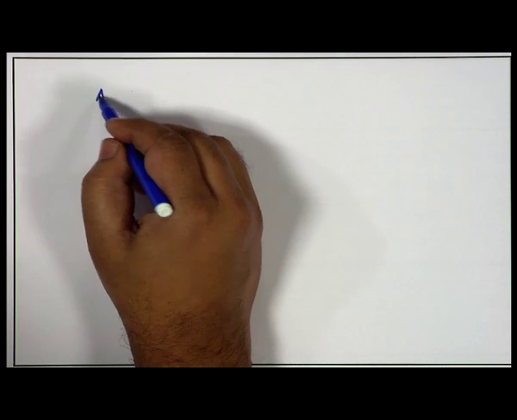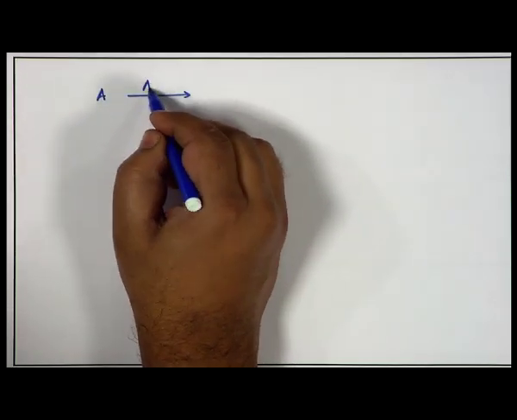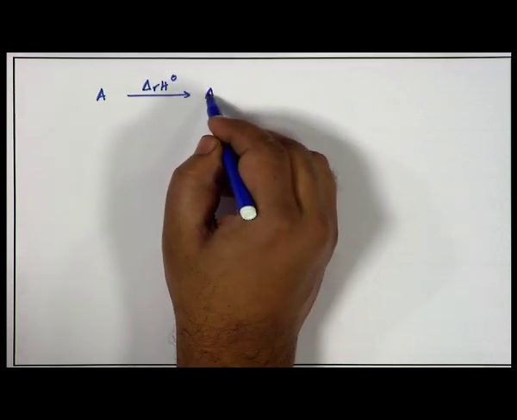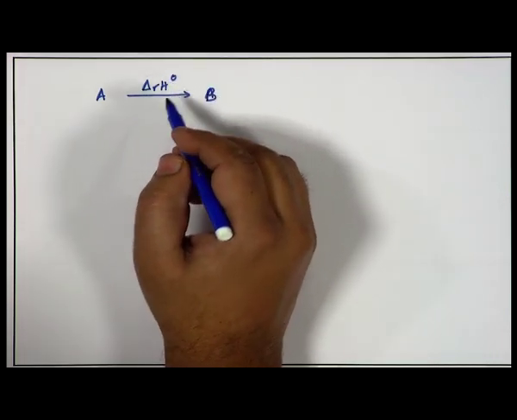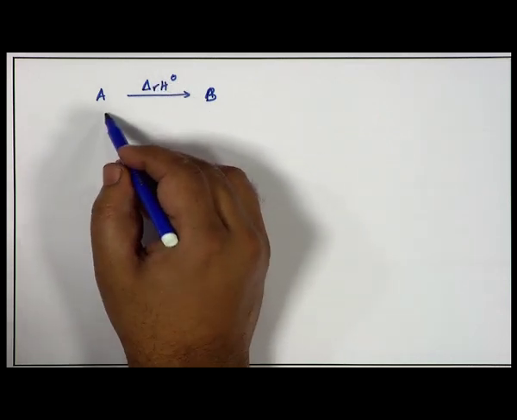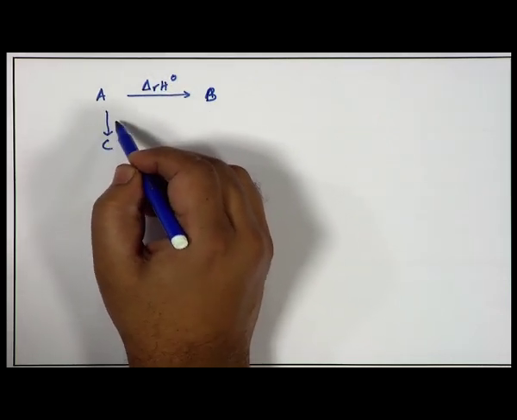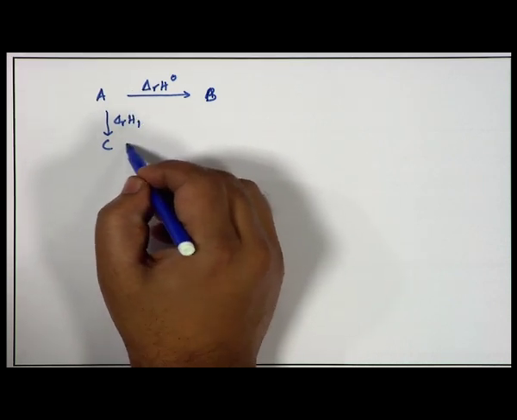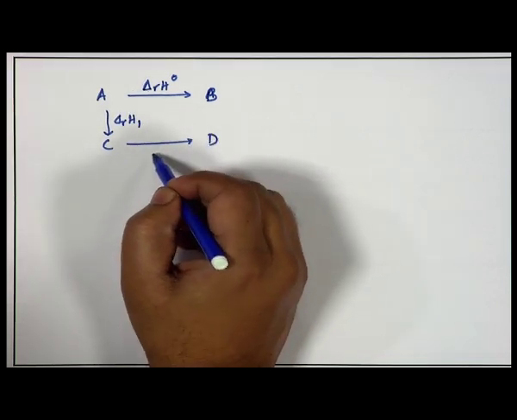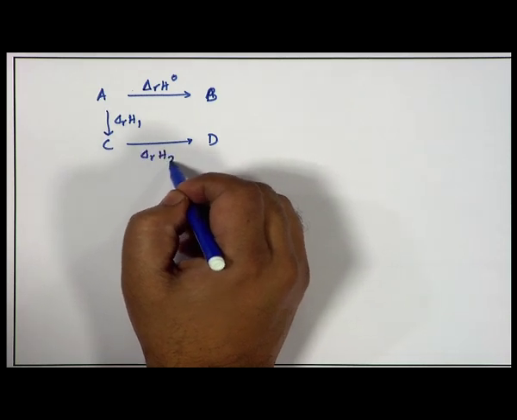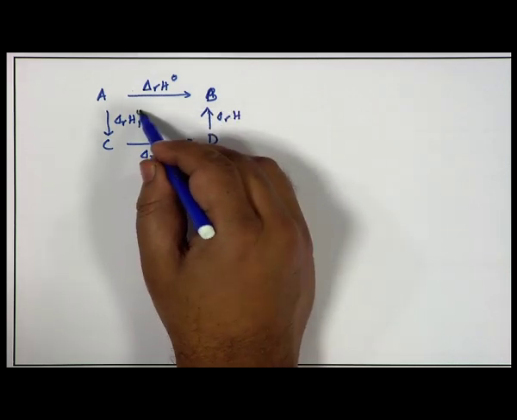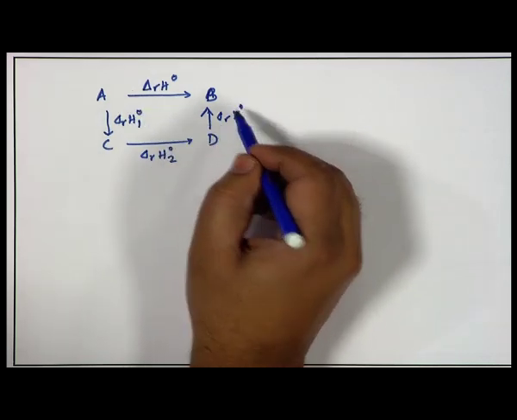So, as a generic process, we can write if this is my reaction A to B, this is the enthalpy of reaction. We can consider intermediate steps. So, this is del H 1, another intermediate del H 2, another third step del R H 3.